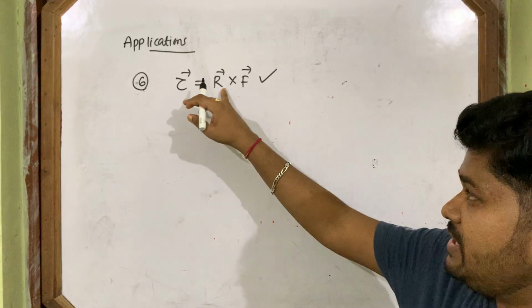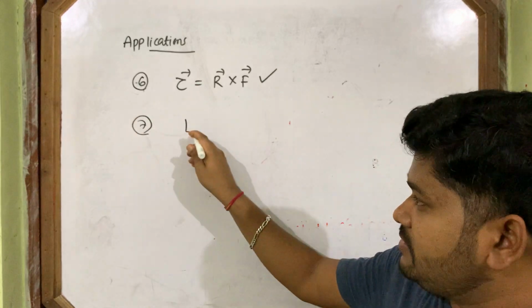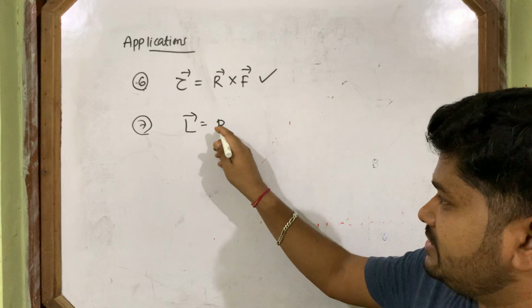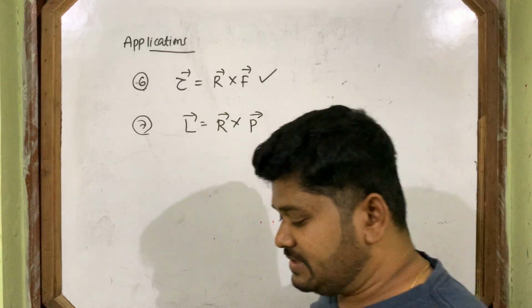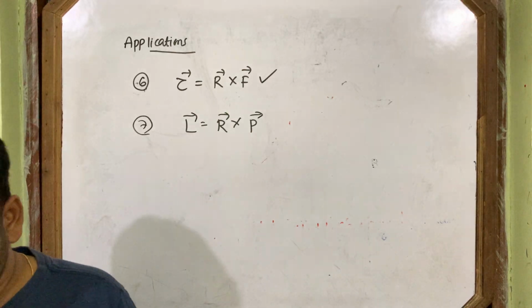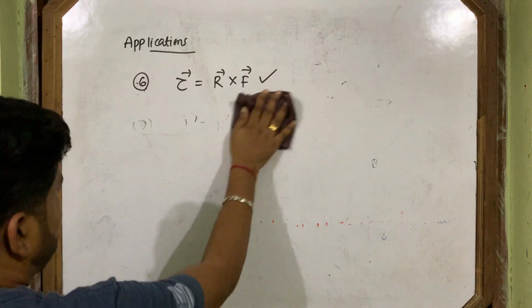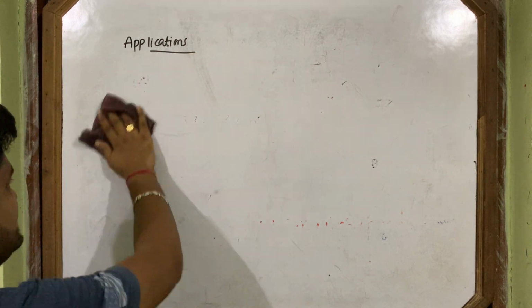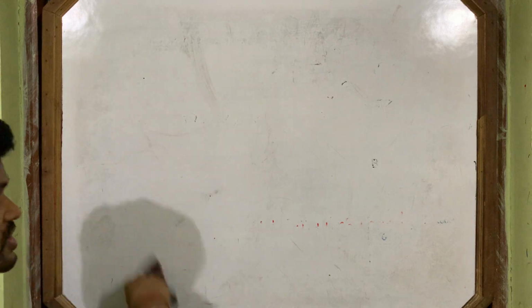Okay, this is the perpendicular distance. We can also say angular momentum is position vector cross momentum. Cross product is used here also. So in these cases we will use the cross product when we proceed in physics to next and next chapters. So these are the applications of cross product. So this is all about cross product.